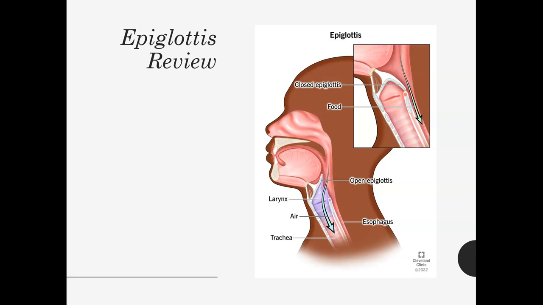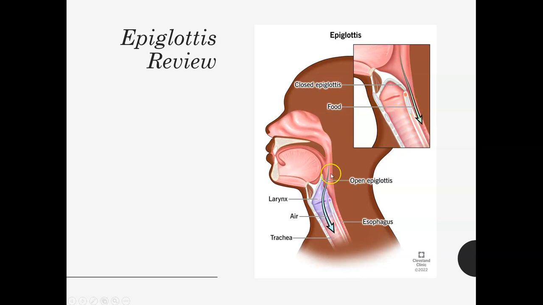Okay, and this is just a little review of the epiglottis so you can visualize what's going on when you're inserting the tube. We know our epiglottis closes whenever we swallow, and it closes over our airway so that we don't aspirate.